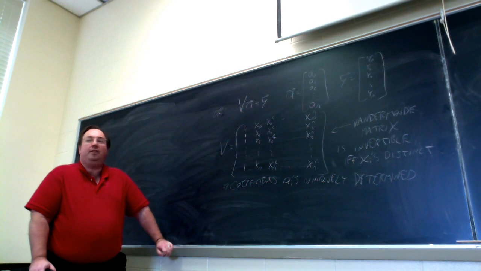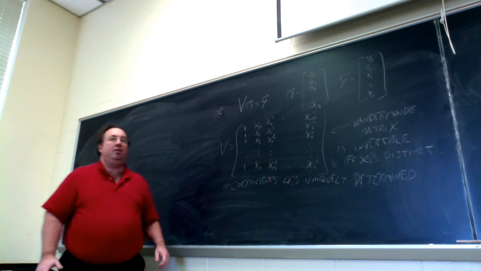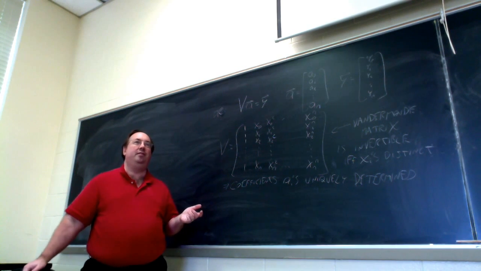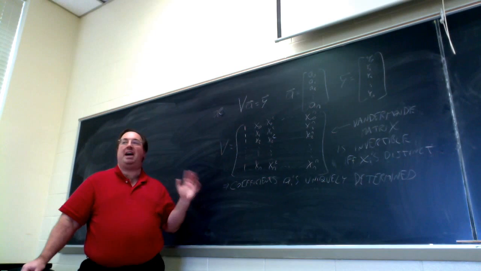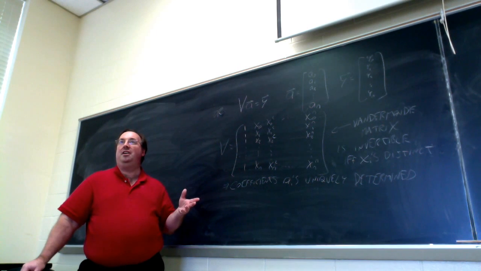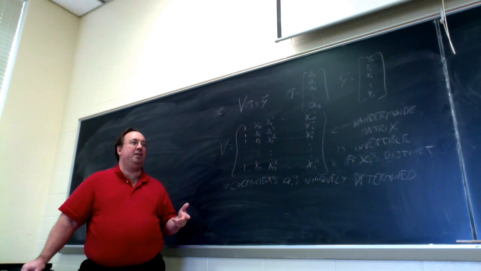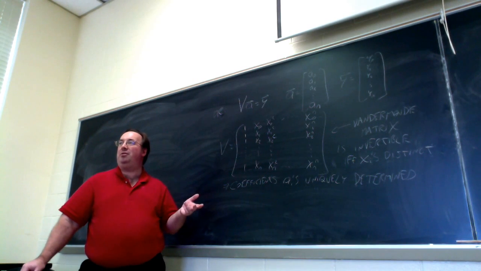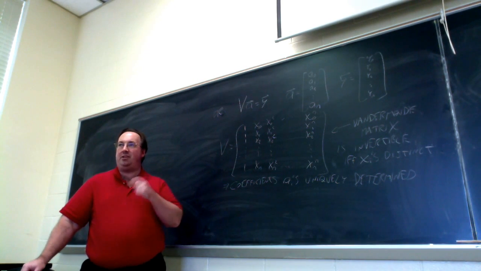Now, there is another way to see that there's a unique solution, because suppose you have two polynomials of degree n that pass through these points. Then the difference of those polynomials has n plus 1 zeros, because they agree at those n plus 1 points.